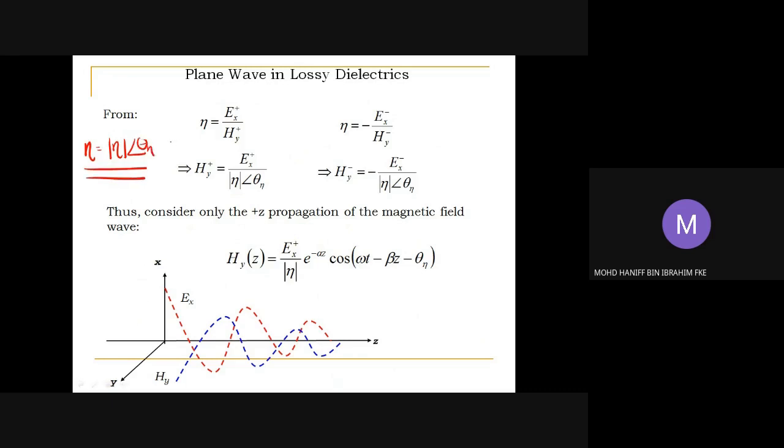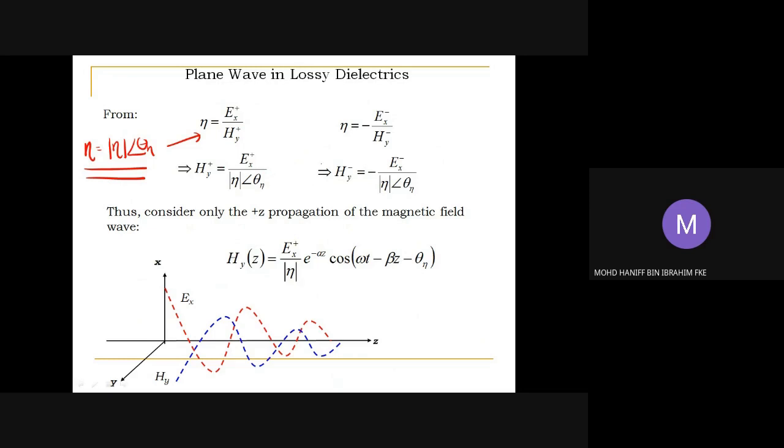When you substitute it in the equations here, the ratio between the E and the H, which is known to be eta, changes. When we substitute eta in these equations, the E and H will not be in the same phase anymore.